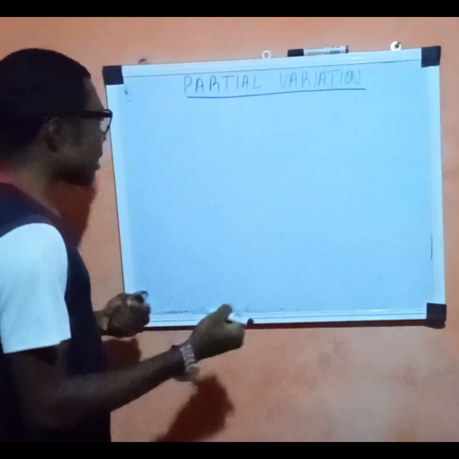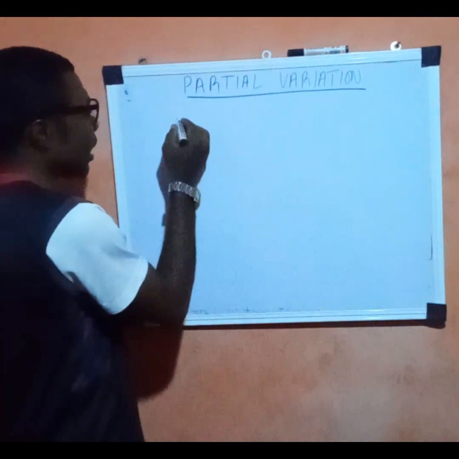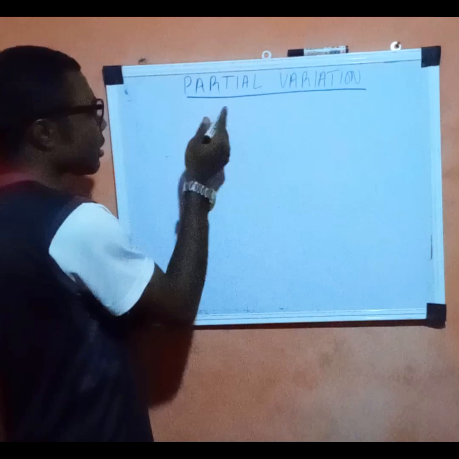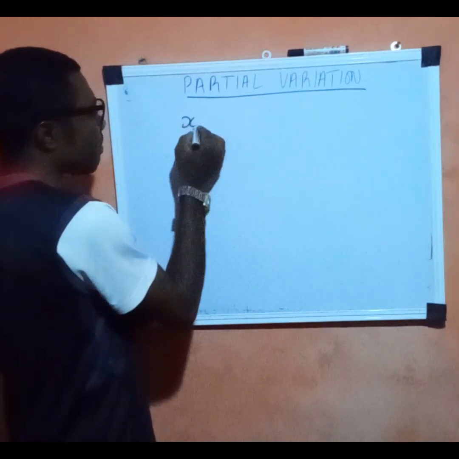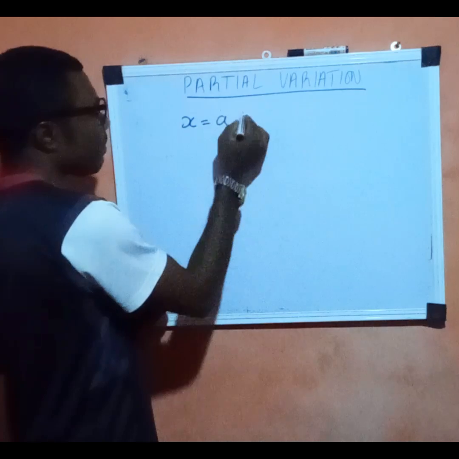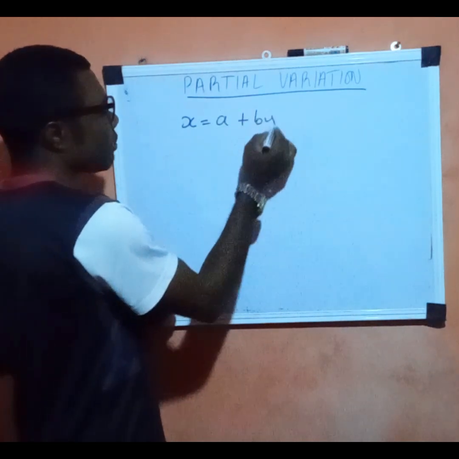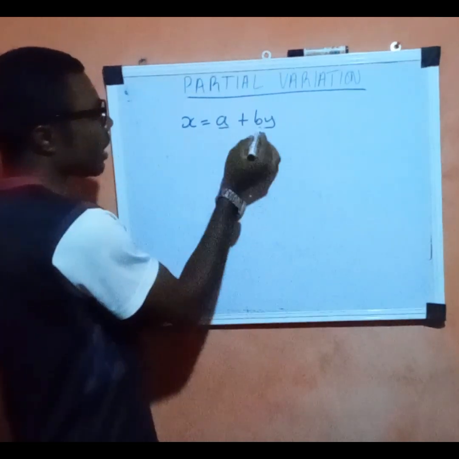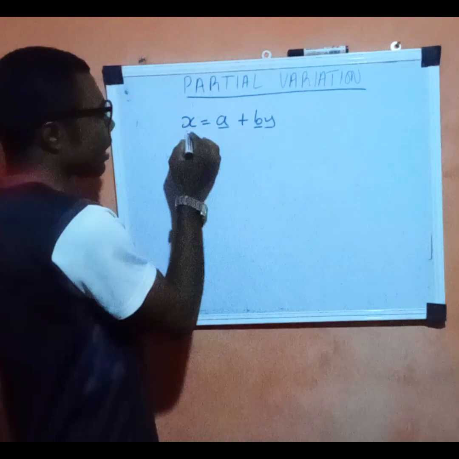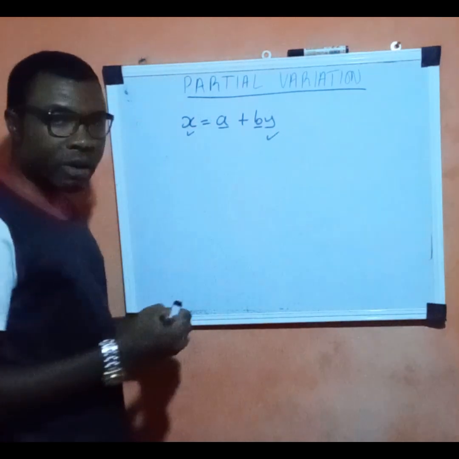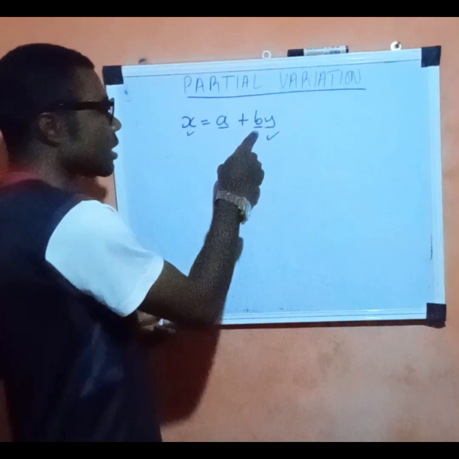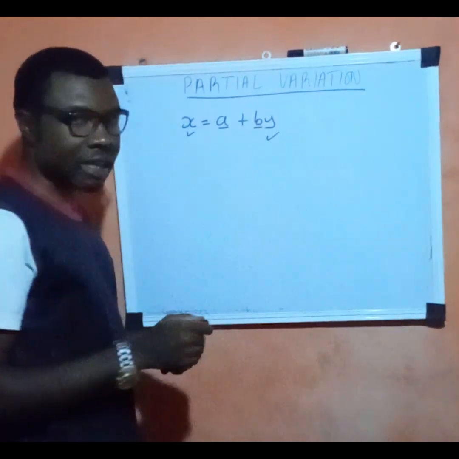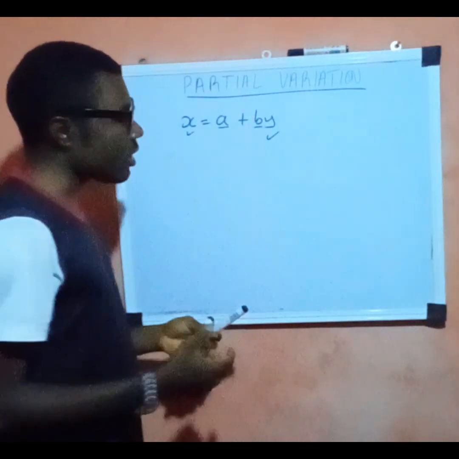So most times, if we say that A partly varies as B, or let's say X, it is partly constant and partly varies as Y, you have something like this, where A and B are constants, and then X and Y are the variables that are related. These two remain the same in a particular instance. We are going to understand this better in a question.